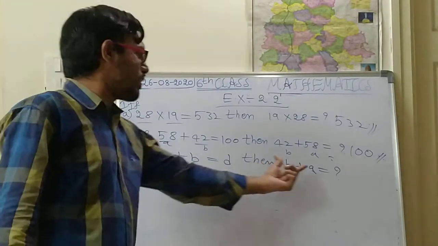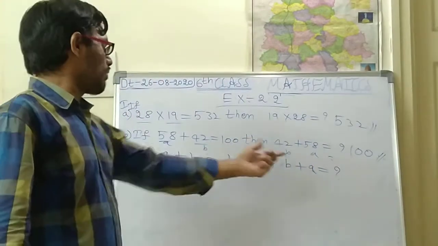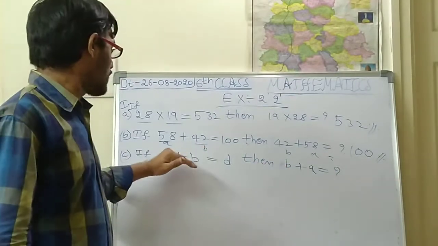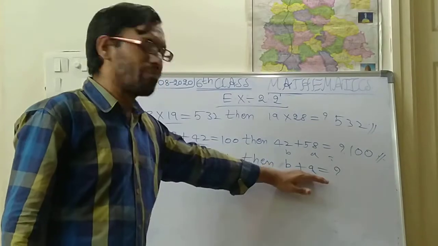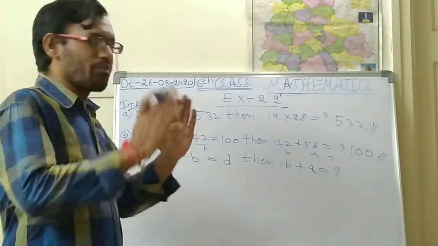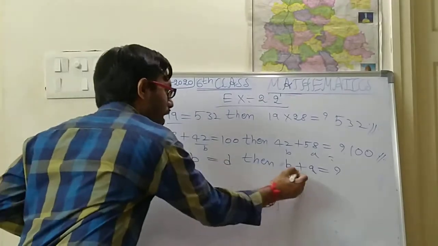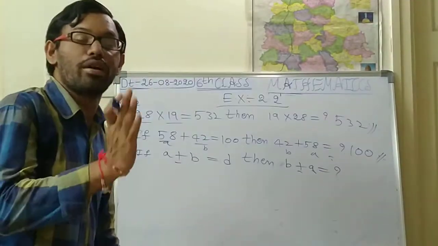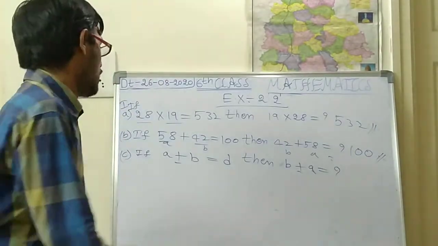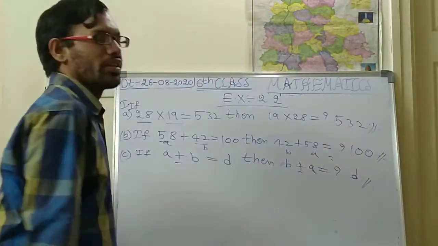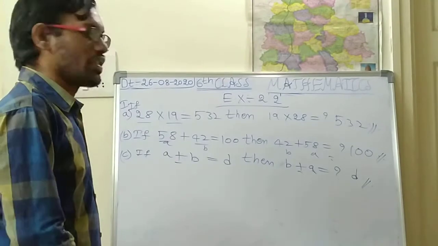Here also A plus B and B plus A are all whole numbers only. A plus B is equals to B plus A. So commutative property, which symbol is it? The addition symbol, so commutative property under addition. That means B plus A is equals to D. You should write D just. Okay, this is the first bit, children.